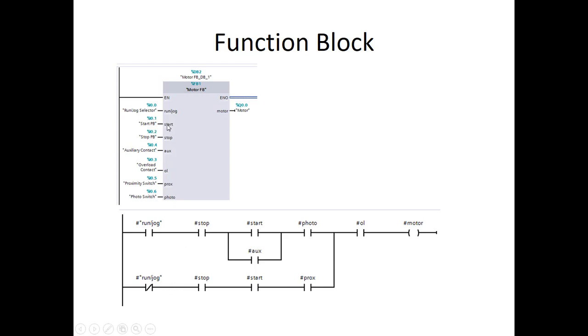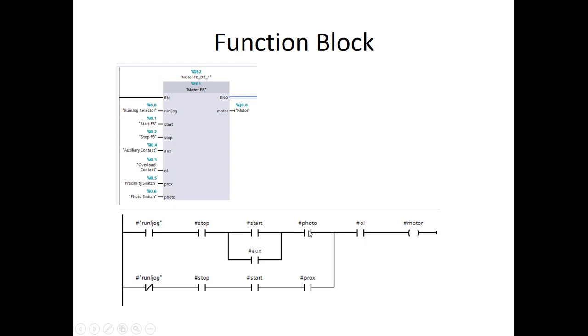So then start gets used once, stop gets used once, auxes get used once, all these inputs get used once and plugged into here. And so if you're on run jog, let's say this is true, and the stop is where it normally closes, so that's true. Well, when I hit start, I'm going to get the motor on and the aux is going to hold if the prox is made.